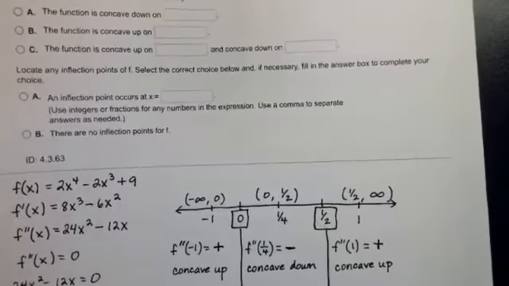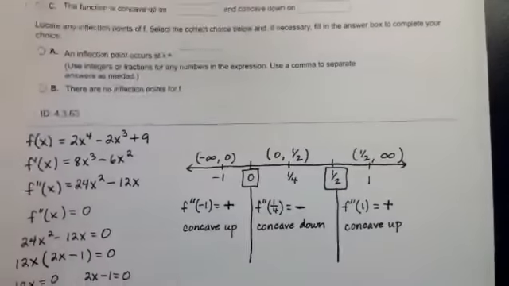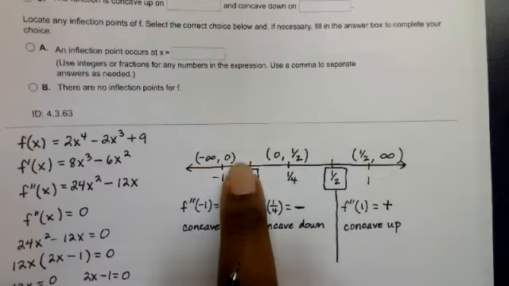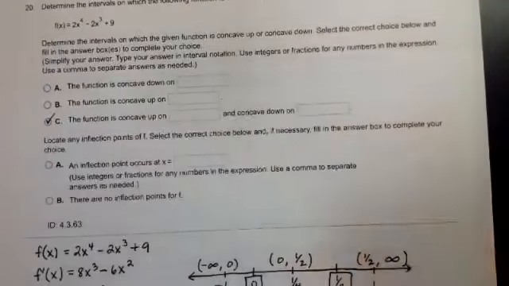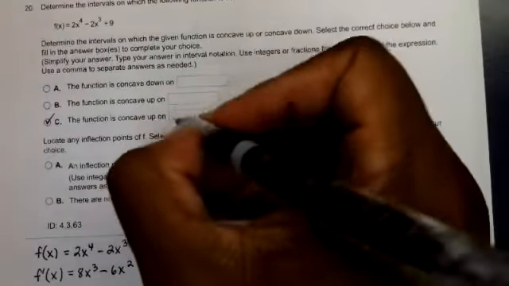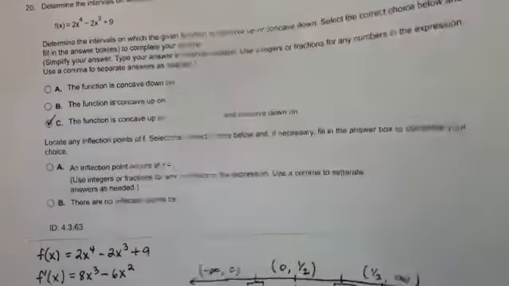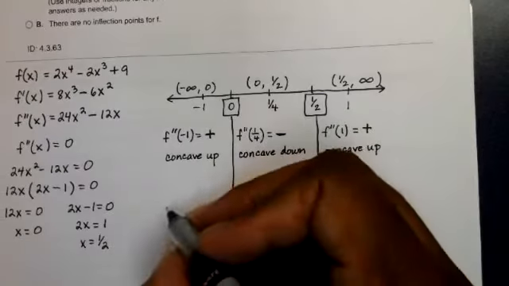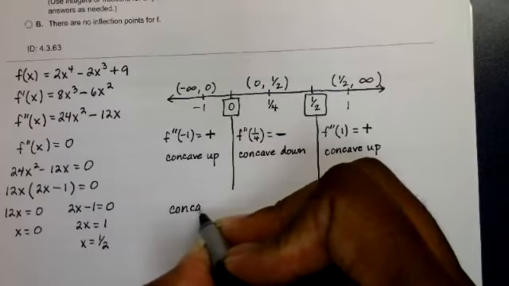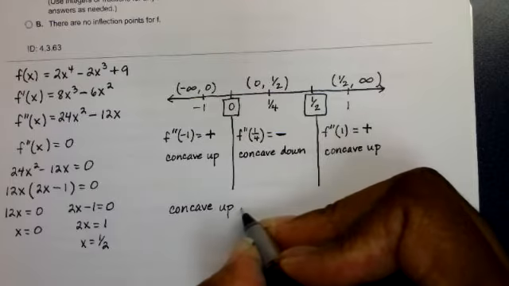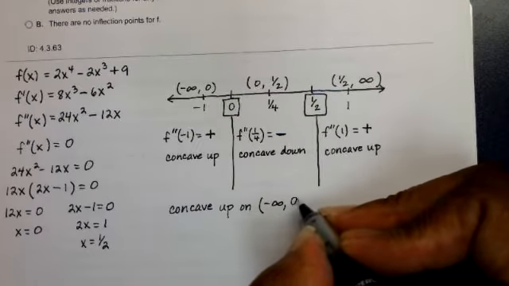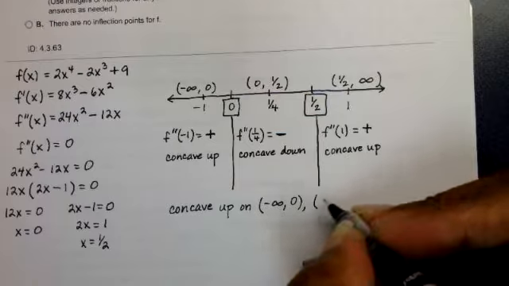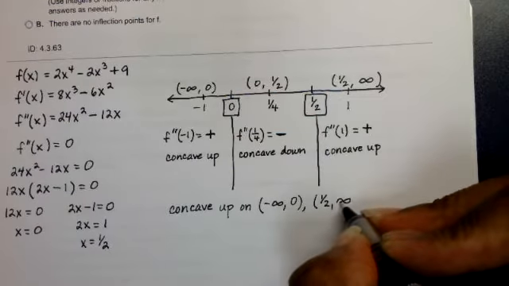All right, as you can see, the function is going to be concave up on two intervals, from -infinity to 0 and from 1/2 to infinity. I don't think I have enough room on this here, so I'll just mention it down here. It's concave up on these intervals, -infinity to 0 and from 1/2 to infinity.